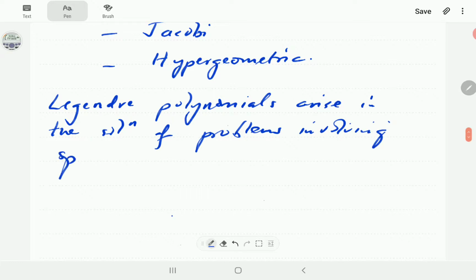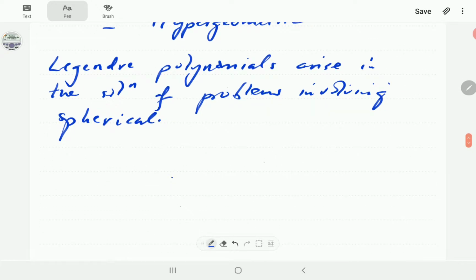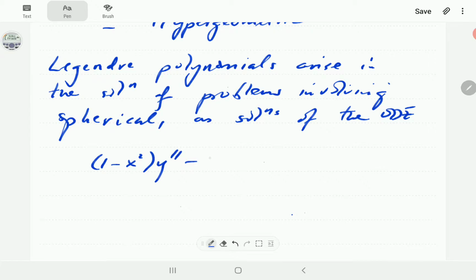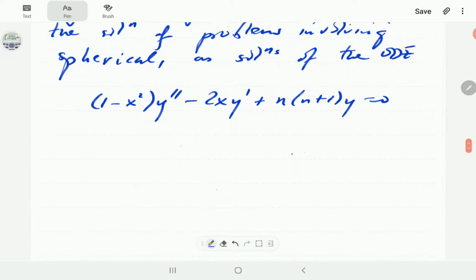In this context, they are solutions of the following ODE: 1 minus x squared y double prime minus 2xy plus n times n plus 1 y equals 0, where n is an integer.